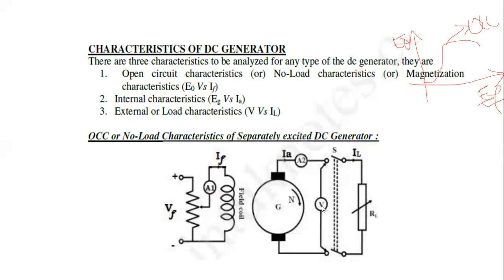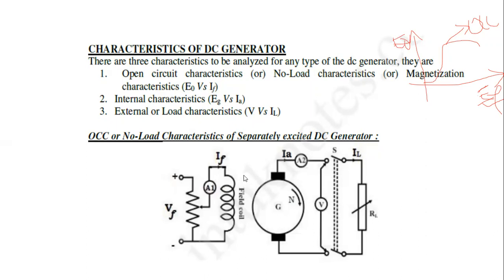This voltmeter measures the no load voltage and the ammeter A1 measures the field current. As the excitation of the field winding increases, the generator produces more EMF, E0, at no load condition.